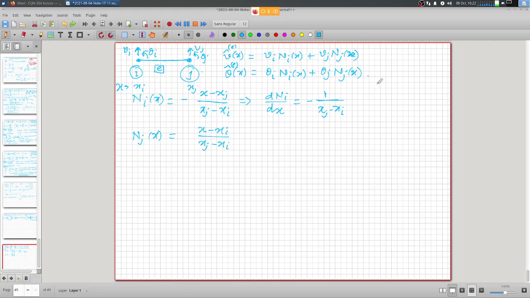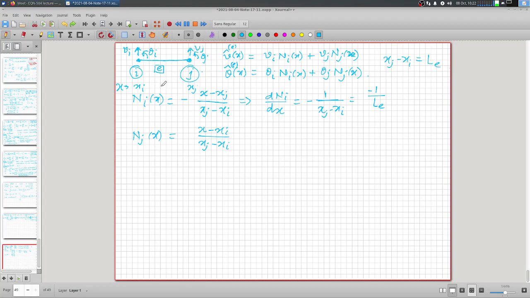Right, so let us define xj minus xi as Le, the length of the element. So xj minus xi is equal to Le.